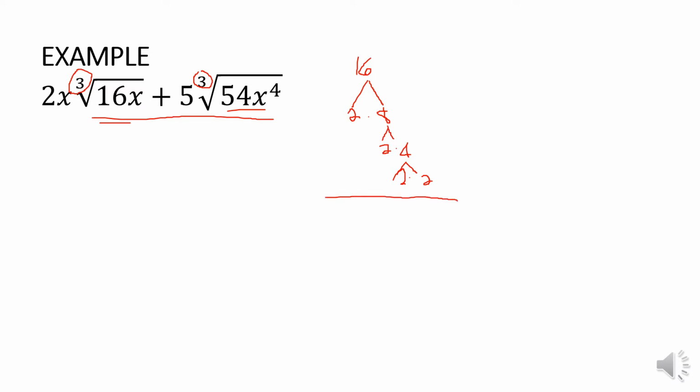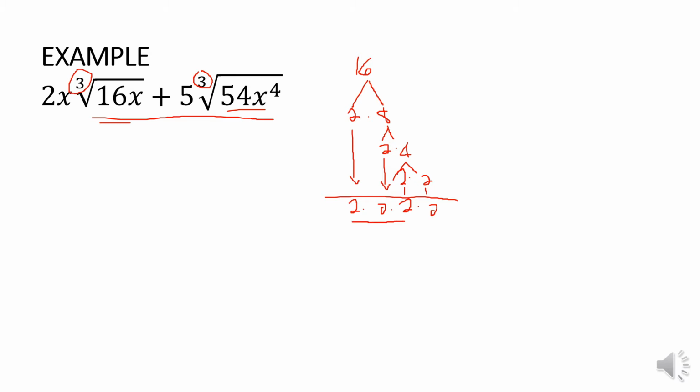And then we're going to get the prime factors. So the prime factors are 2, 2, 2, and 2. So we will get 3 2's here.